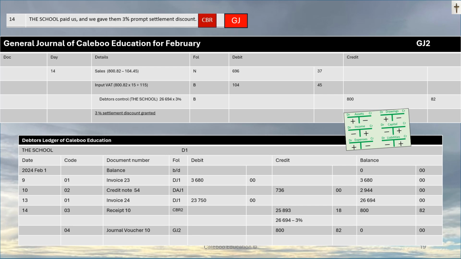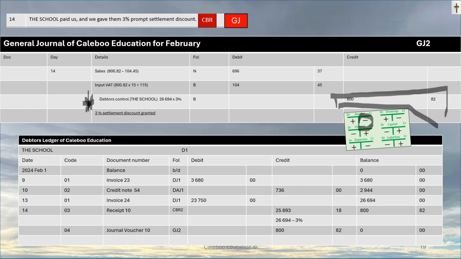So if we have a look at the general journal, what they do is, first of all, they credit debtors control, because remember, the total discount amount goes in the credit column, because you know your rules by now.